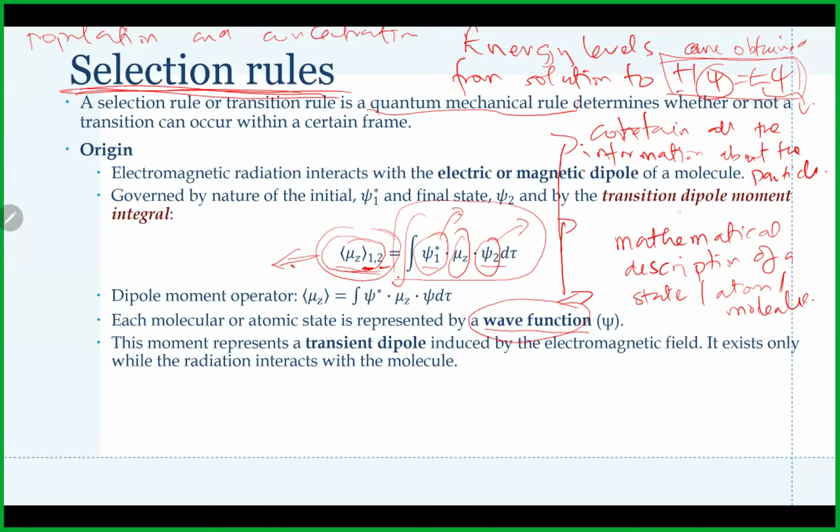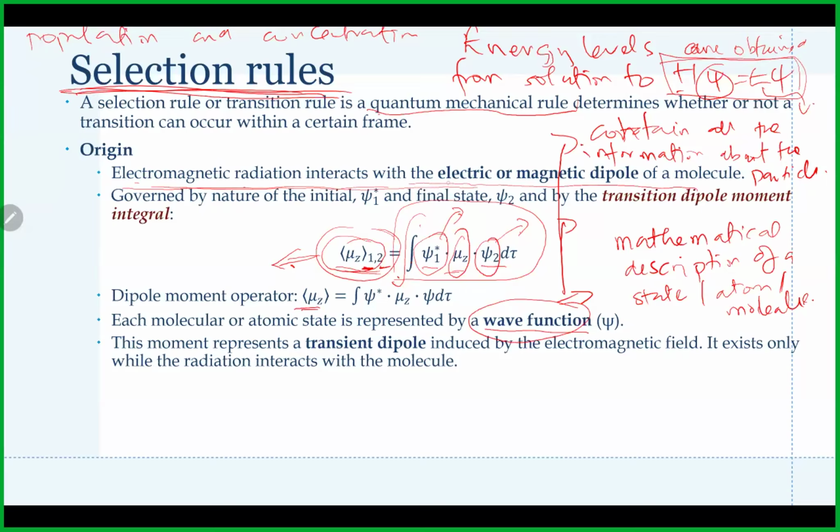So there's a transition integral that once you carry out that integration, you can say whether a transition will occur. So we've written it here. It's a transition dipole moment operator. What has that got to do with electromagnetic radiation? It has everything to do with it because the electromagnetic radiation has a dipole moment attached to it.